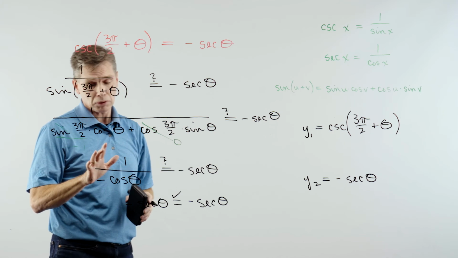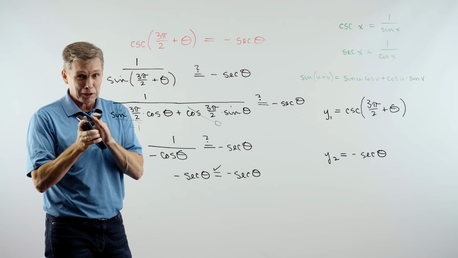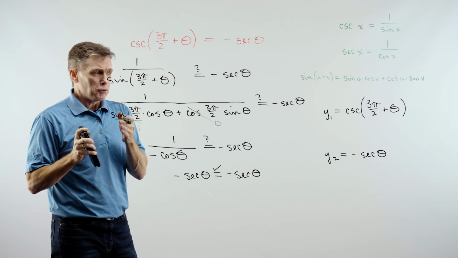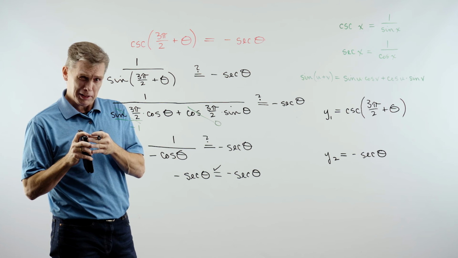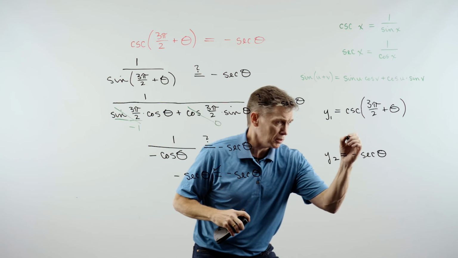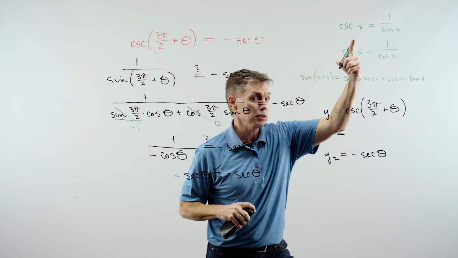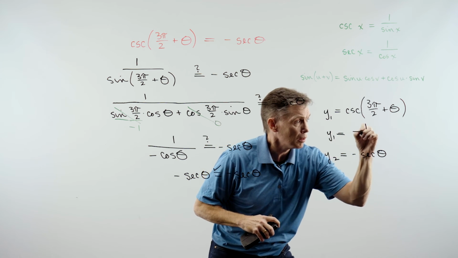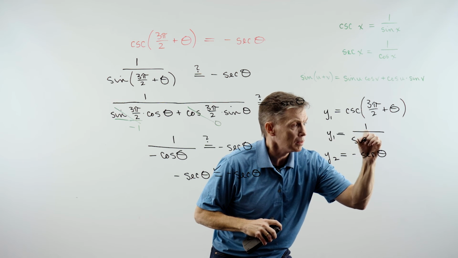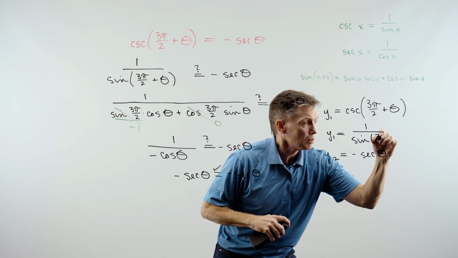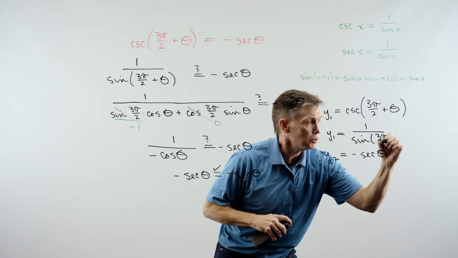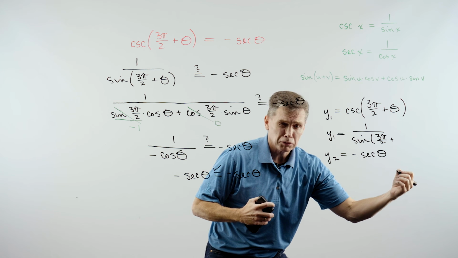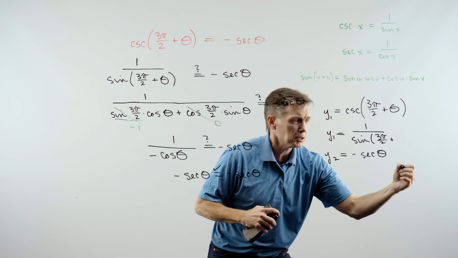And I want to graph each of those. And the reason I left a blank is it depends on the capabilities of your calculator, your software, or whatever. If you don't have like a cosecant key, then don't forget that cosecant is actually just 1 over sine. So my y sub 1, I think I'm actually going to write it as 1 over sine, parentheses, 3 pi over 2 plus, and again, it depends on your calculator or your software if you're going to say x or theta, just whatever your variable is.